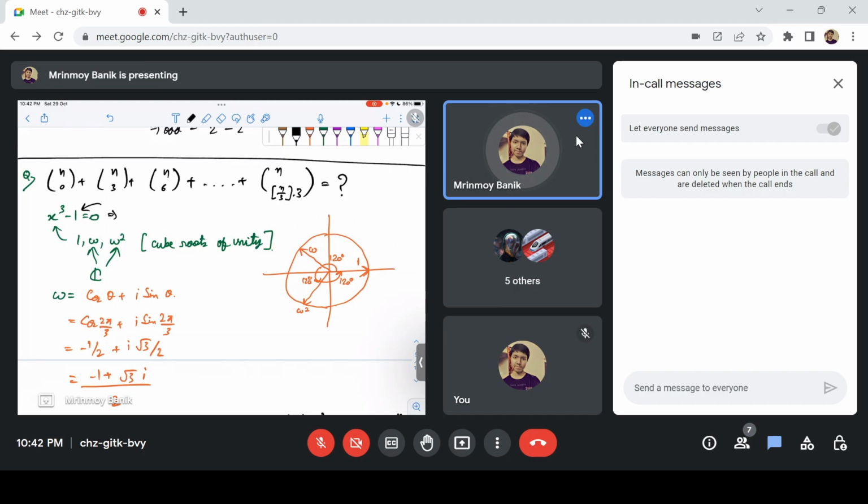So x minus 1 into x squared plus x plus 1 equals 0. Since omega is a solution and omega minus 1 is non-zero, we know omega squared plus omega plus 1 equals 0.